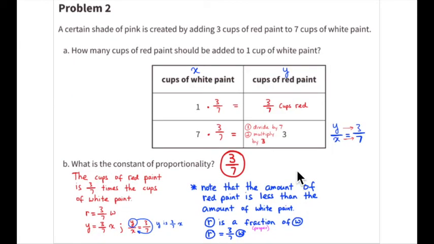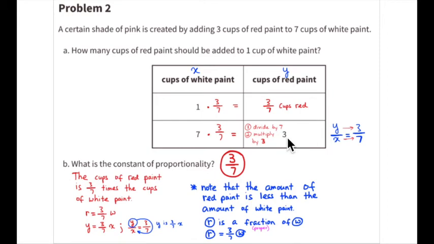Problem number 2. Certain shade of pink. Now this is a mixture of red paint and white paint. So the white paint, the X, is 1 cup. The red paint down here is what fraction of white paint. And down here, you know it's a smaller amount because you go from 7 cups of white paint and you use 3 cups of red paint.